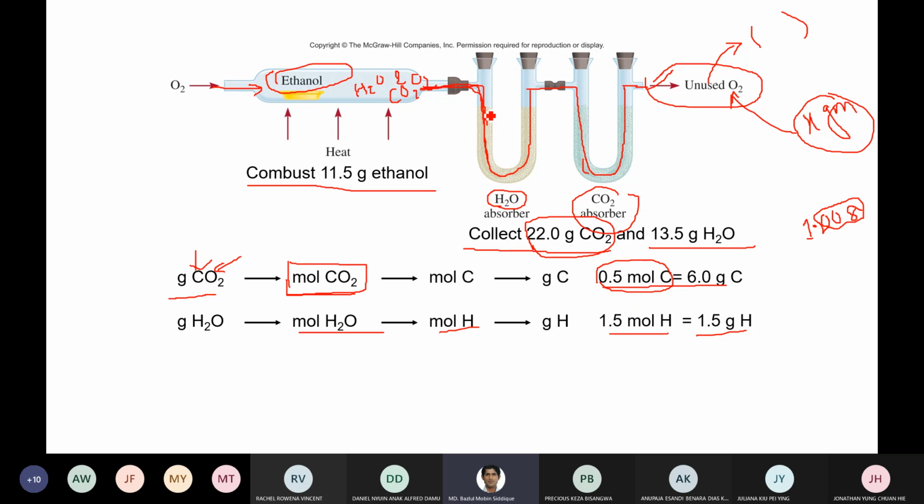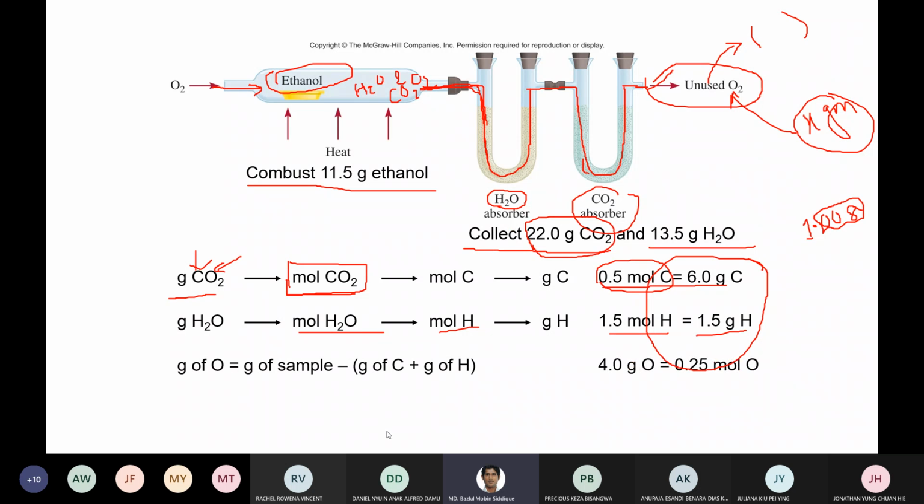It will be the same thing. So depending on that, the unused oxygen will be the total minus these two, right? Total minus these two, then we will find the unused oxygen. So we find 4 gram of oxygen, right? So 4 gram of oxygen means 0.25 moles of oxygen in that ethanol.